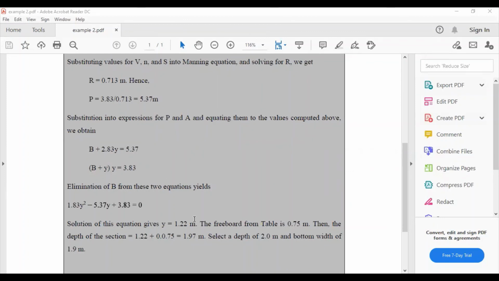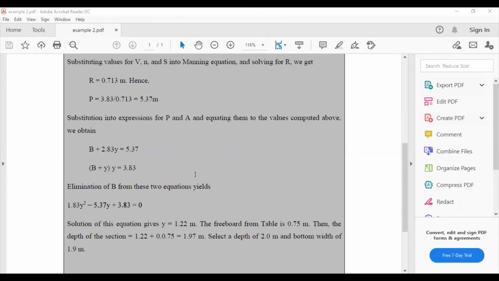But once you find your depth, you can just add an allowance of maybe 2 meters, just to make sure that your drains do not overflow. So just put a small allowance to allow for overflow. Then once you have that, it means that you have your depth and you have your width of your channel.